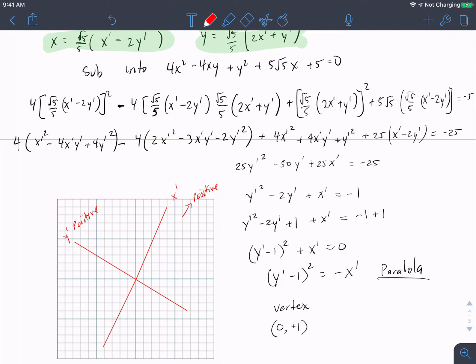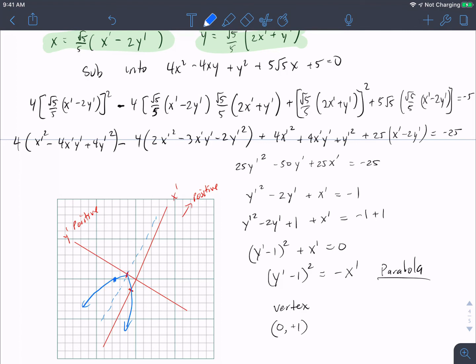And so (0, 1) is going to occur right here. And then we can see that when y is 0, x is going to be negative. So there's our point right there. And just like parabolas, this is the axis of symmetry. And so there should be a point over here, and this parabola is going to look like this, and that's how we graph it.